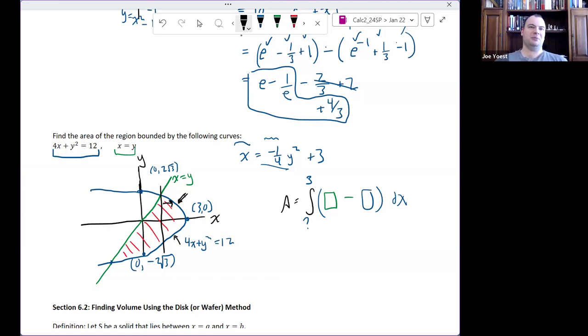At best, it's going to be a pretty messy thing to integrate. I'm going to have a positive part and a negative part that are going to be the upper and lower bounds over here to the right. So I combine all of this together, and I say, well, that seems like it's going to be a lot of hassle to do it that way.